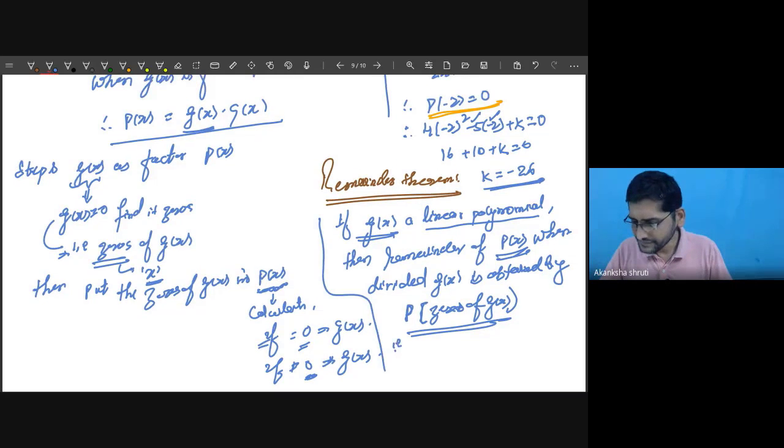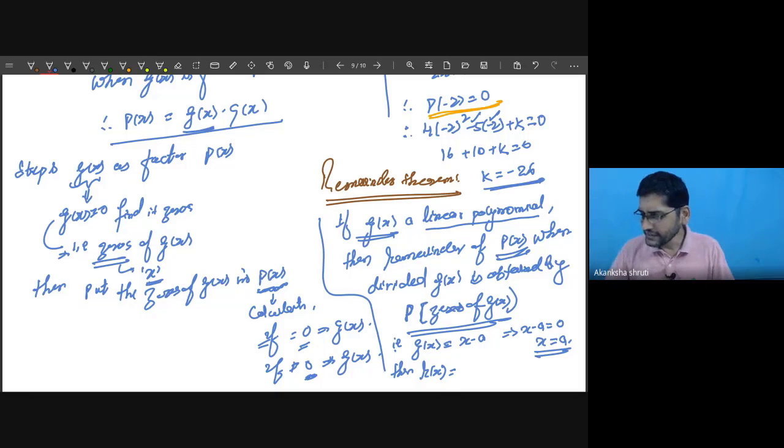That is, if your g(x) is like x minus a, then what will be the value of the zero of g(x)? So x minus a you have to equate to 0, x equals a you can get. Then the remainder r(x) is obtained by, so this r(x) is when this p(x) is divided by the g(x), then the remainder that we are getting, that is our r(x).